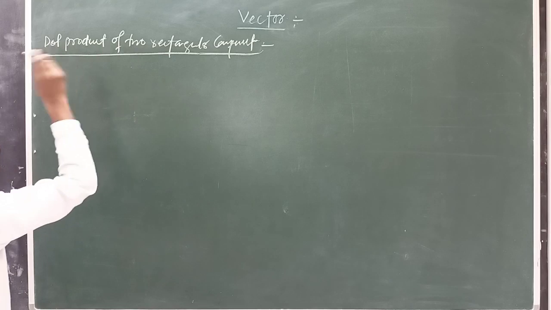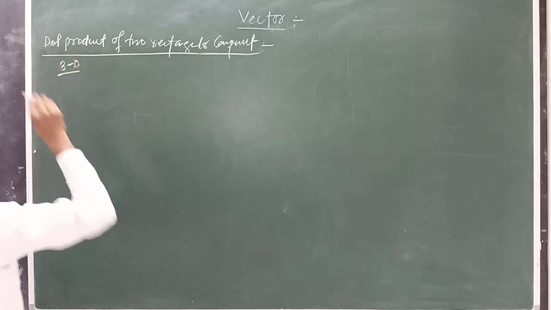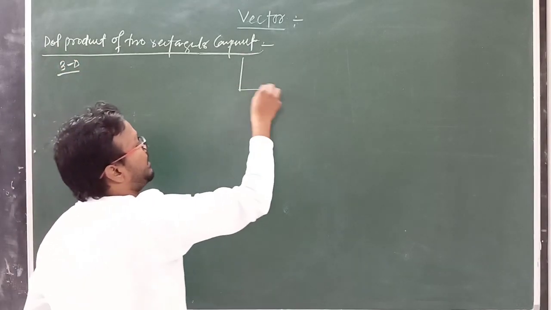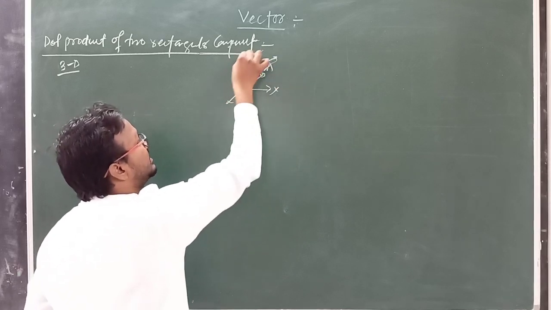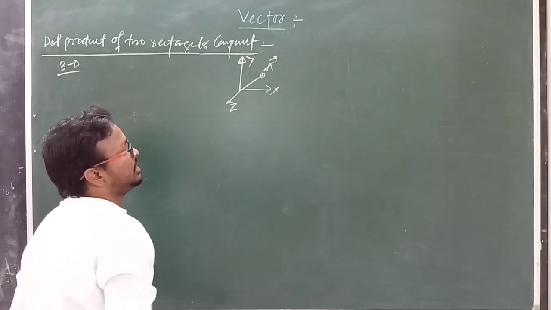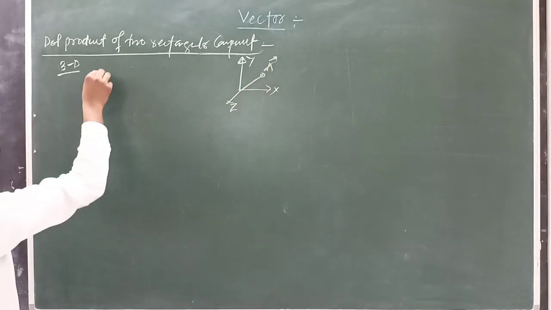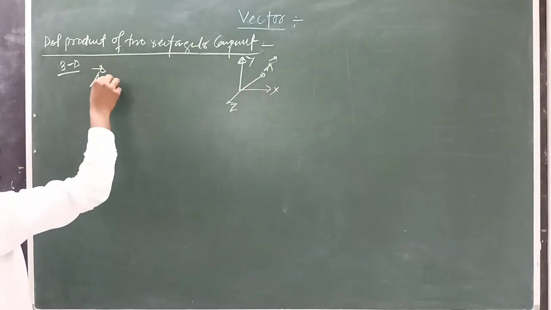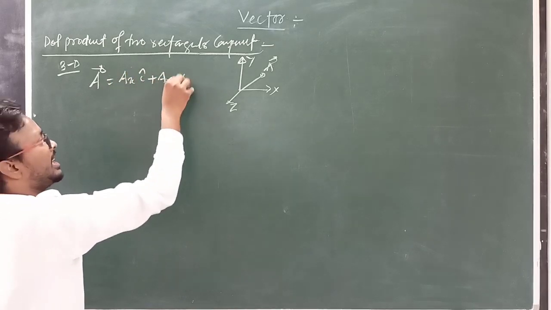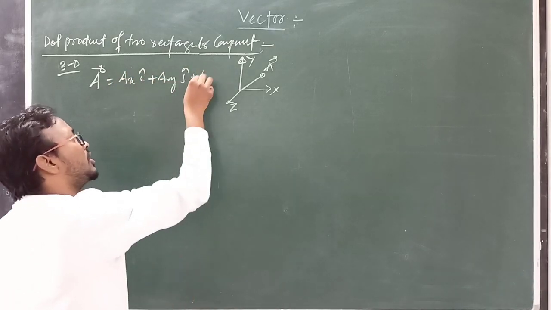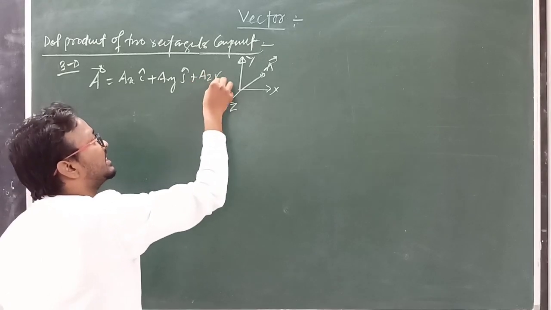Suppose in 3 dimension, I am writing the 3 dimension case, and there is a vector a, and here x axis, this is y, and here z axis. So what is vector a? How can we write here? That is a vector equal to ax i cap plus ay j cap plus az k cap.